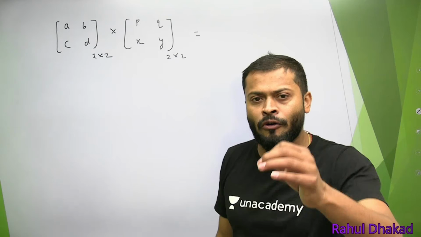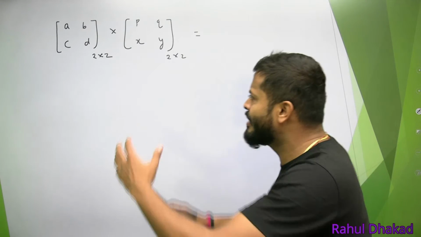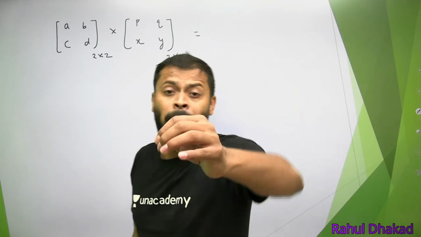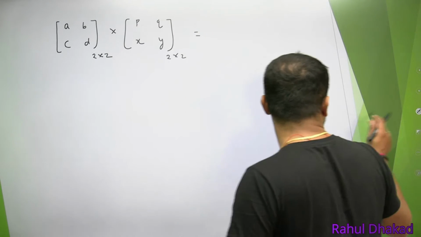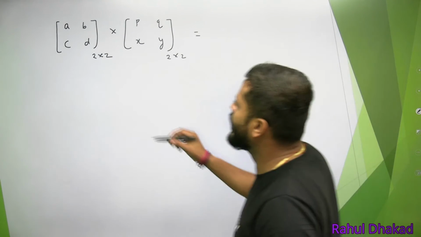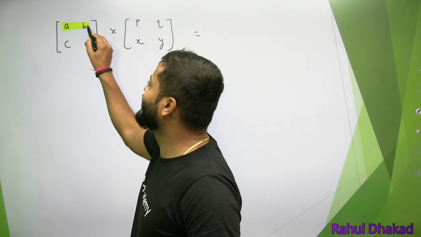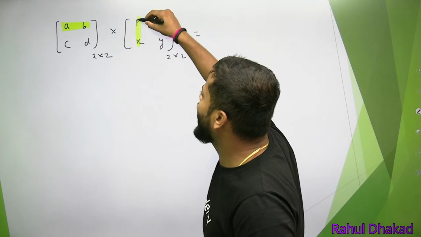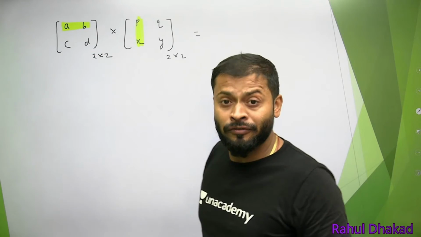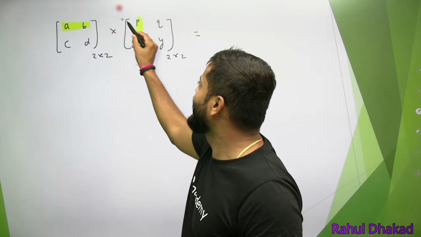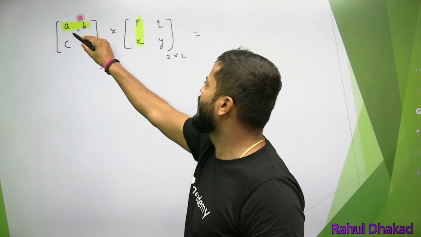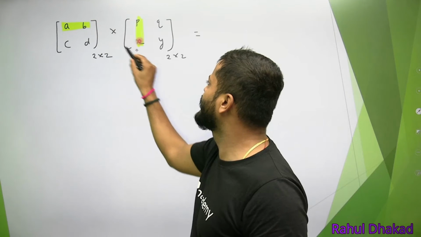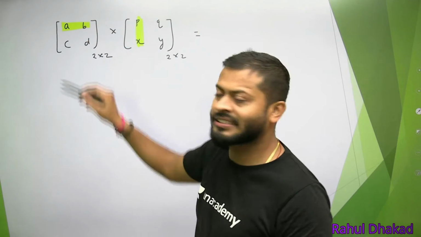Now, how to multiply? I want to tell you a very important thing: when we multiply two matrices, in the first matrix we do row operation. It means we will be multiplying like this in this form, and in the second matrix we have to multiply like this. Not getting it? With an example: first of all, you are going to multiply a with p, and then b with x. Are you getting my point?